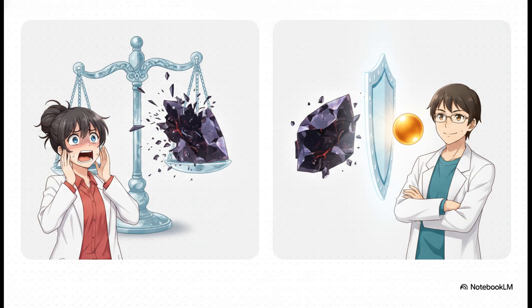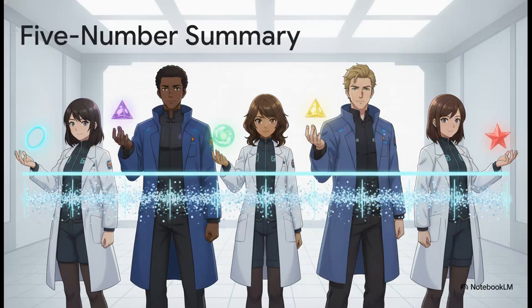It works for literally any distribution, makes absolutely zero assumptions about normality, and, most importantly, it's highly resistant to being dragged around by outliers. Enter our robust heroes. Think of them as a strategic defense team made up of 5 distinct metrics. We've got the minimum, the first quartile, which we call Q1, the median, the third quartile, or Q3, and finally, the maximum.